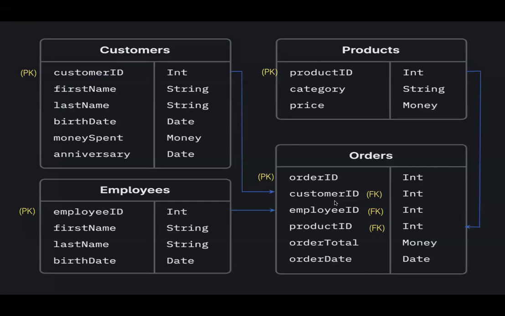Because remember, this design is completely for us. It's not for the users. They won't be seeing this. We actually can do that. So just like other languages, SQL also has conditionals.